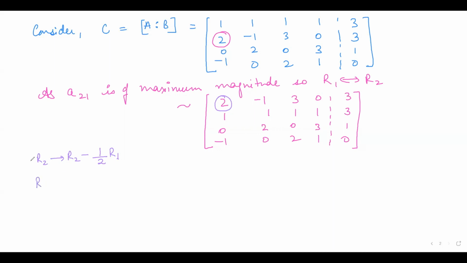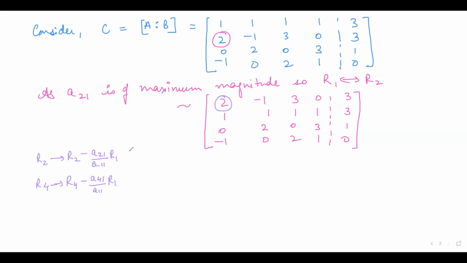I'll write this as R2 minus a21 upon a11 R1, and R4 minus a41 upon a11 R1.